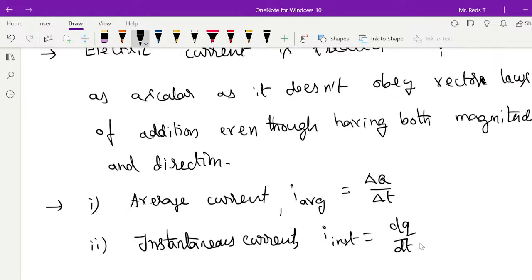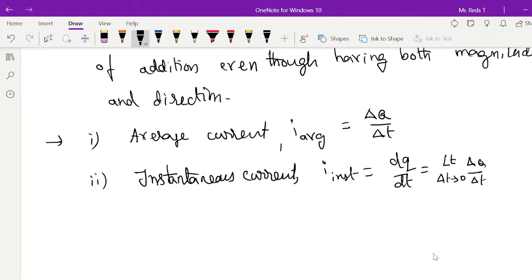Just like in motion in a straight line, average velocity and instantaneous velocity, in the same way you have to represent this. Mathematically, it is the limit of delta q by delta t when delta t tends to 0. This is the mathematical expression for instantaneous current.